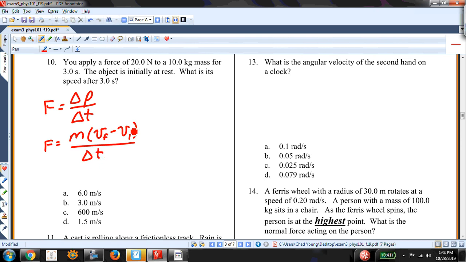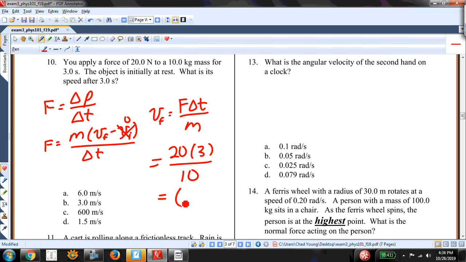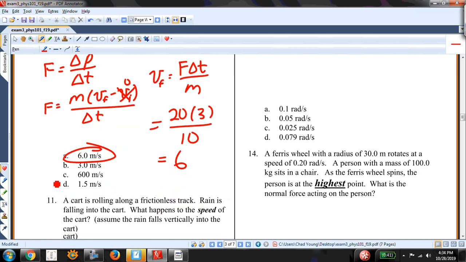I know that v_i is 0. So I'm just solving for v_f. v_f equals F delta t over m. That's equal to 20 times 3 divided by the mass, which is 10, equals 6 meters per second.